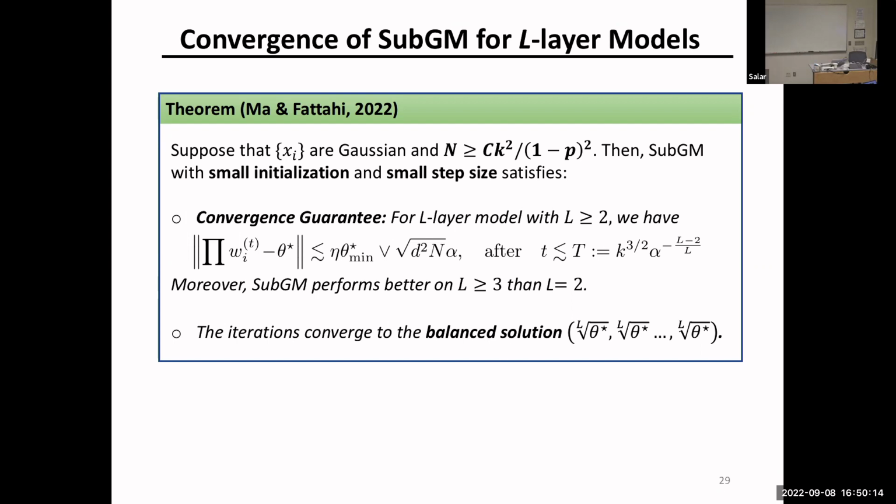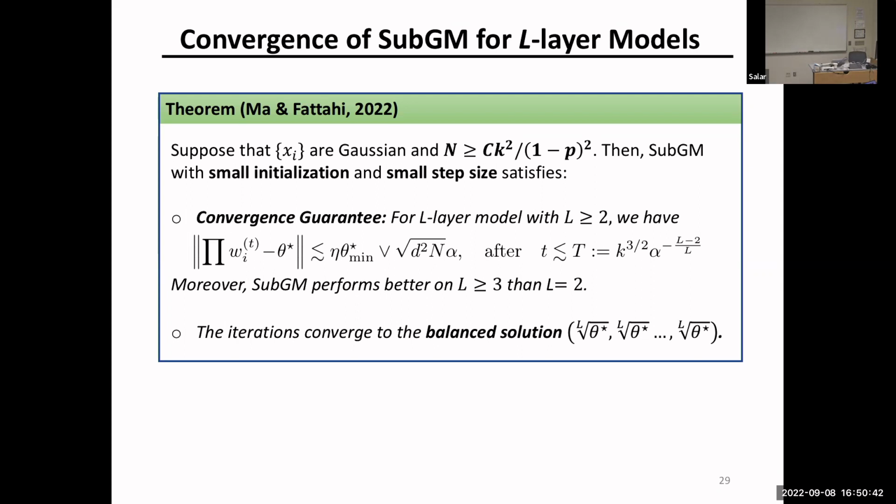Then subgradient method with small initialization and small step size will converge to the true solution. The final bound doesn't matter. But the important part that I want to emphasize here is subgradient method provably performs better in deeper models. So if L is the number of layers, greater or equal to 3, then the final error is going to be provably better compared to the case where L is equal to 2.